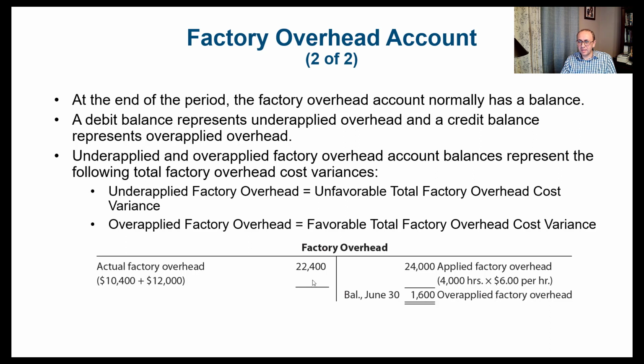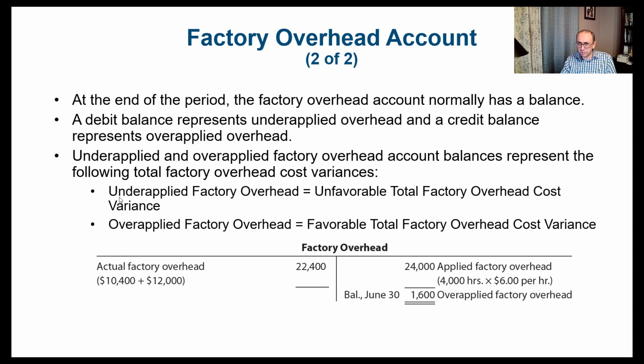You can see here that our factory overhead was over applied. We applied more than we actually had in overhead. So when we have an over applied, that's a favorable situation where we end up having a credit balance. That's an over applied factory overhead.